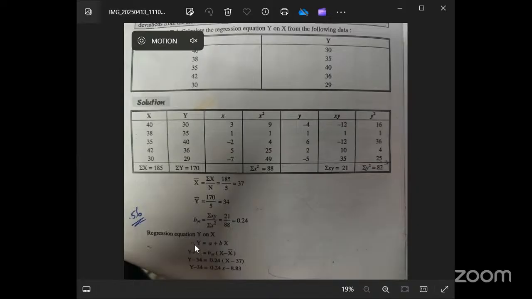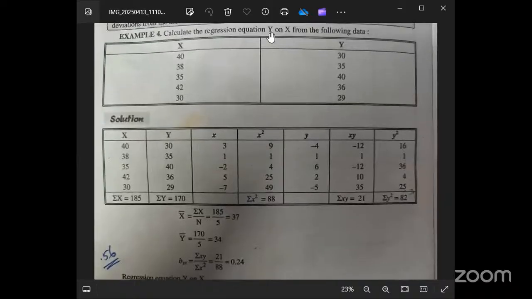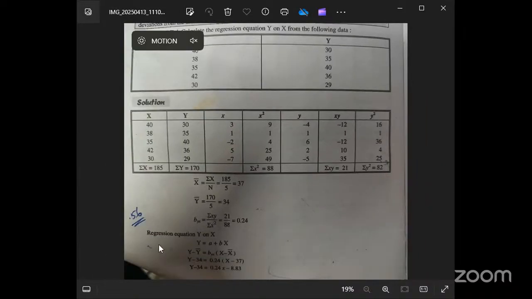So what is the equation here? In the beginning itself, I told you the straight line equation, that is y equals a plus bx. Here they ask us to find the regression equation y on x. So y minus y bar equals byx into x minus x bar.